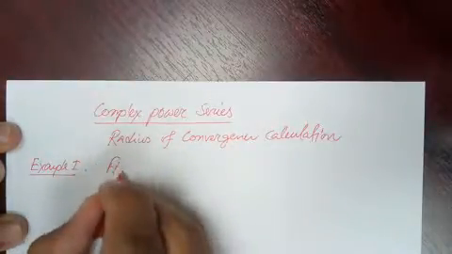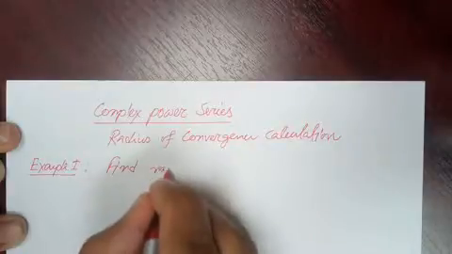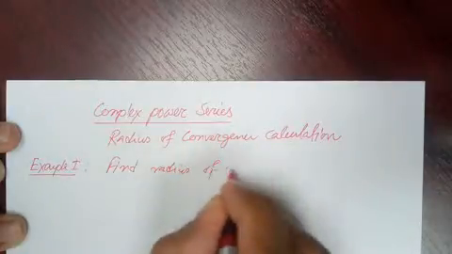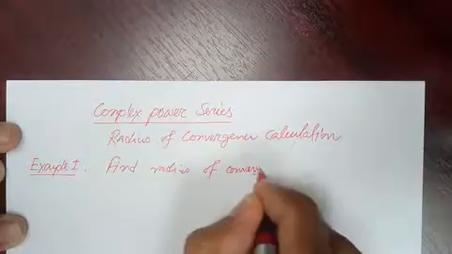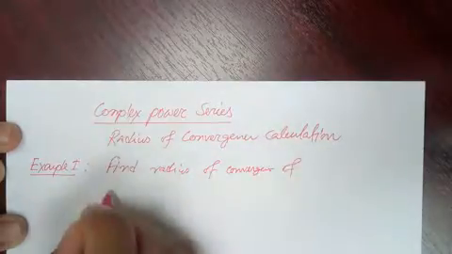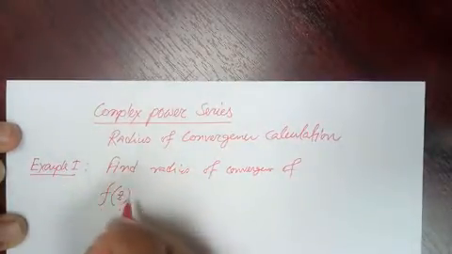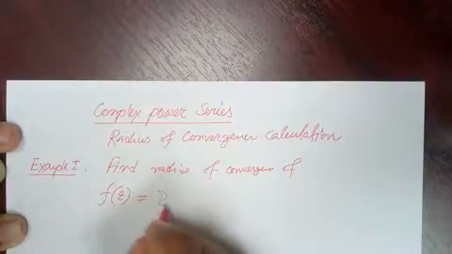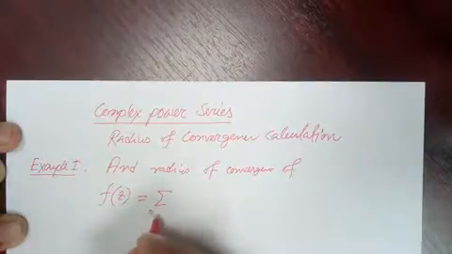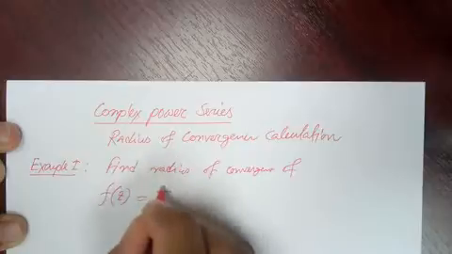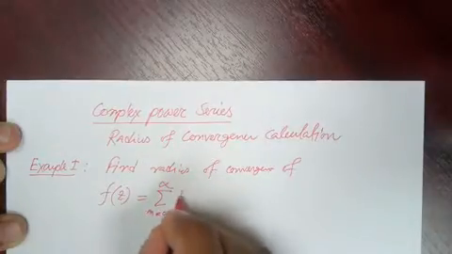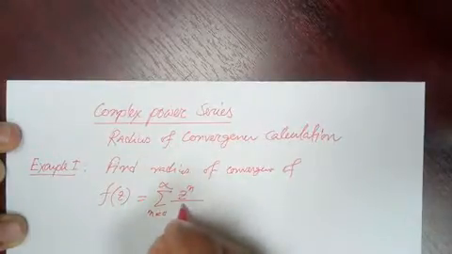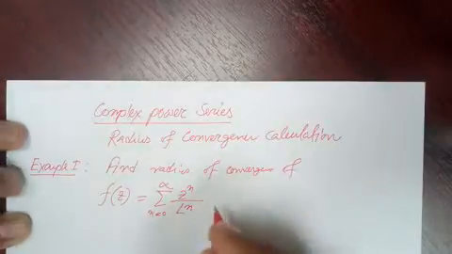Find the radius of convergence of f(z) equals the sum from n equals 0 to infinity of z to the power n over factorial n.